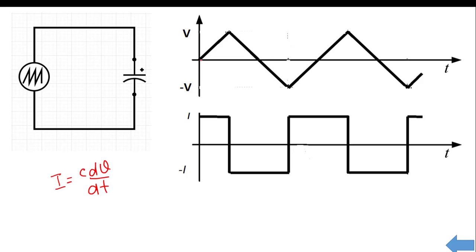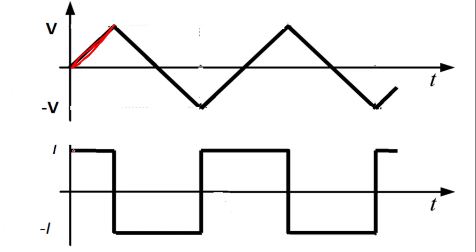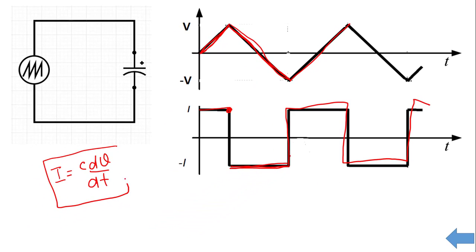As you can see, the slope is positive over here. If you differentiate it, you will get a positive value at this point. Now from here to this point, the slope is negative, so the response is negative, a constant current. And the voltage changes again from here to here, the response will be like this. So if you want to know the response, you need to differentiate the voltage waveform to get the current flowing through a capacitor.